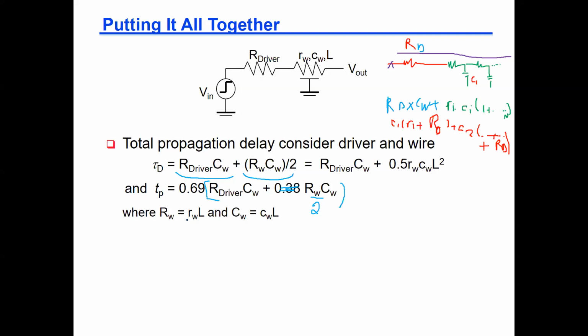We know that little r_w times L is the big R_W, and little c_w times L is the big C_W. Therefore I can know at what length, from this relation, this component is dominant or that component is dominant, or which one is bigger.